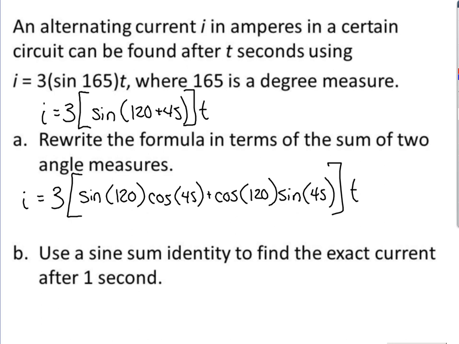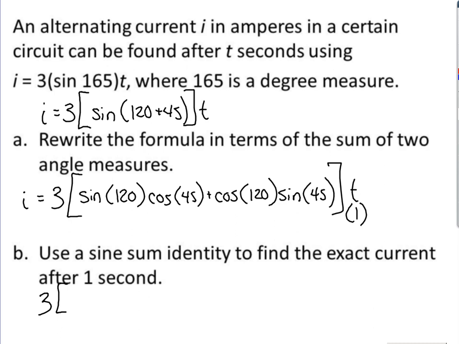So that means we're going to substitute in 1 for our t. Since this is multiplication, when you multiply by 1, that isn't going to change anything. So we can add the 1 in here. But when you multiply by 1, it is going to basically disappear. So we're left with 3 times the sine of 120 degrees is radical 3 over 2.